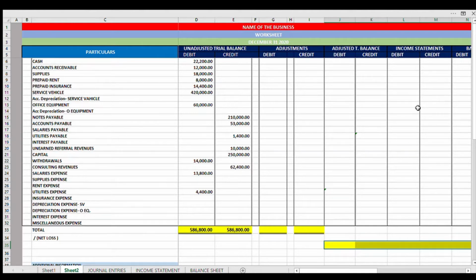Kaya we will be starting with balances na already. Kasi ang worksheet ay piniprepare once the ledger accounts are all with their respective balances.